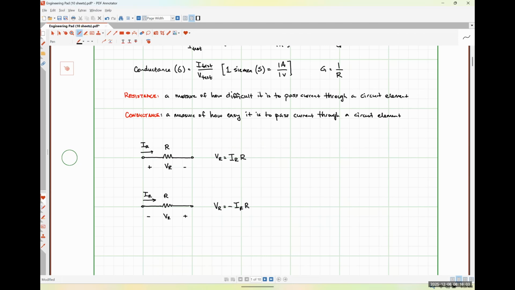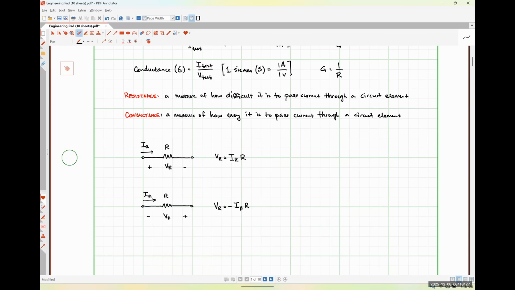So it always has to be absorbing power and absorbing energy. So this second equation here, where we have current flowing into the negative polarity terminal, takes that into account because essentially one of those quantities, either I_R or V_R, must be a negative thing because the resistor is literally incapable of ever storing any energy.